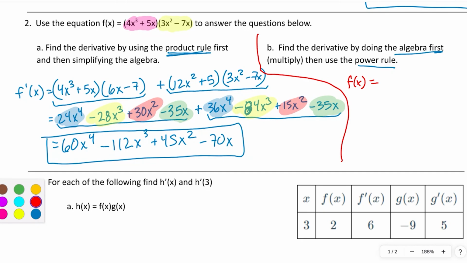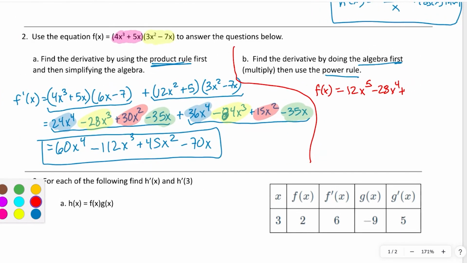I'm rewriting f of x here as 12x to the fifth minus 28x to the fourth plus 15x to the third, and then finally, minus 35x squared. And so if I want to differentiate that, I can just use the power rule all the way across. 5 times 12 is 60.